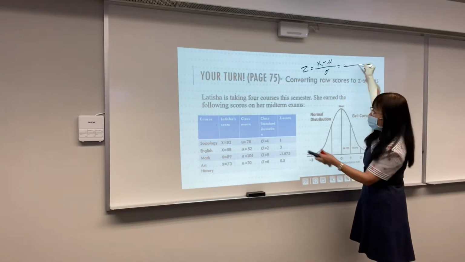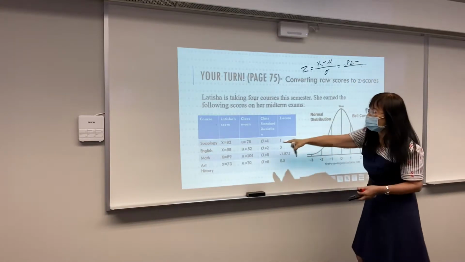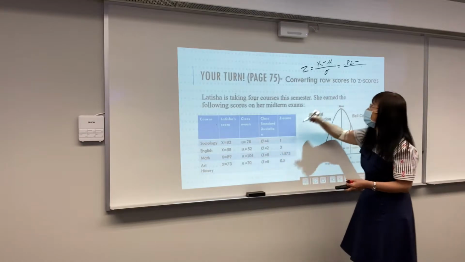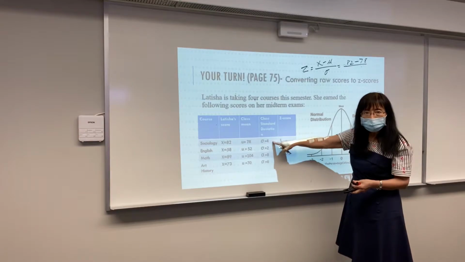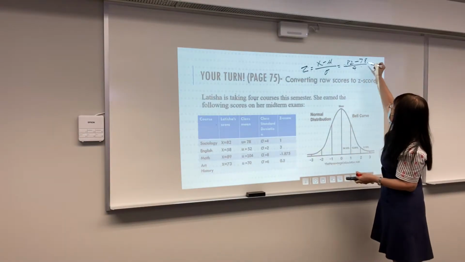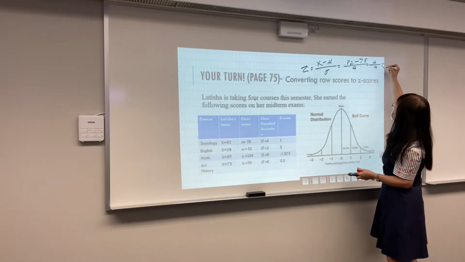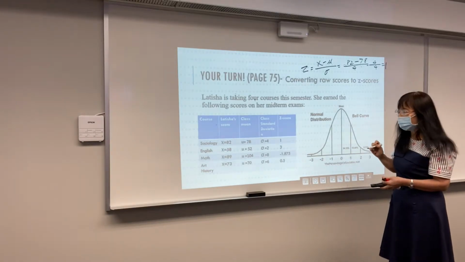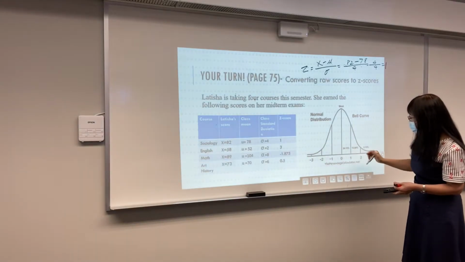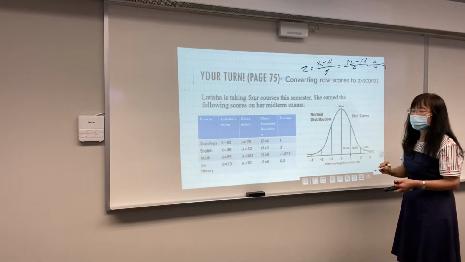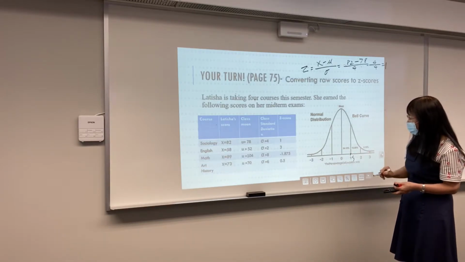I got 82, but the class mean is 78 and the standard deviation is 4, so 4 divided by 4, I get 1. So 1 is here, this is where she is for sociology.